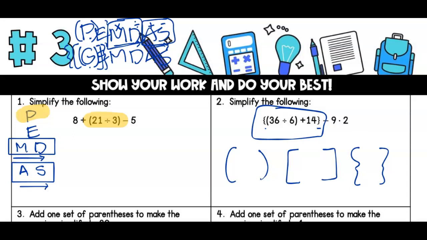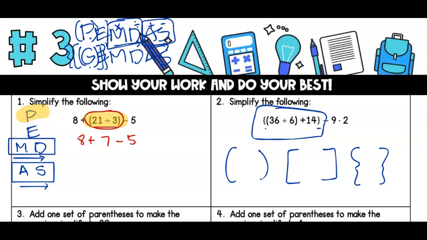So what is 21 divided by 3? If you said 7, you are absolutely correct. So I'm going to rewrite the whole expression with 7 substituting for this value right here. So we have 8 plus, and then this value right here was 7 minus 5.